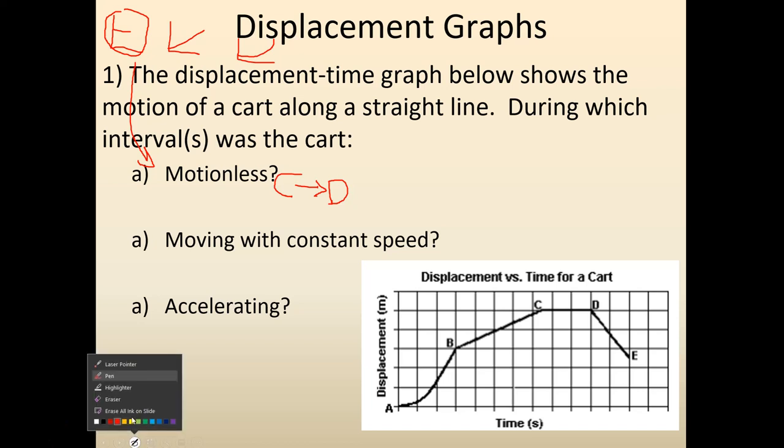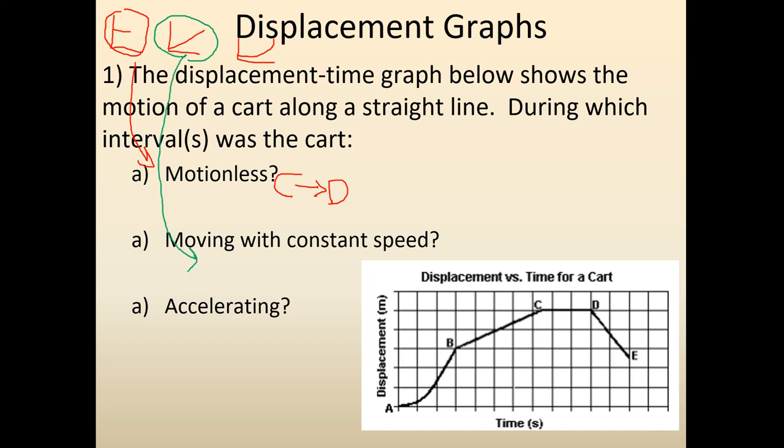All right. Now the next part, moving with constant speed. Well, again, this was motionless. This had a constant slope, so it's a constant speed. So that means I have actually two areas that look like this, B to C and D to E. Now, one thing I would note is that with some of these questions, you want to note if it says anything else besides just constant speed.